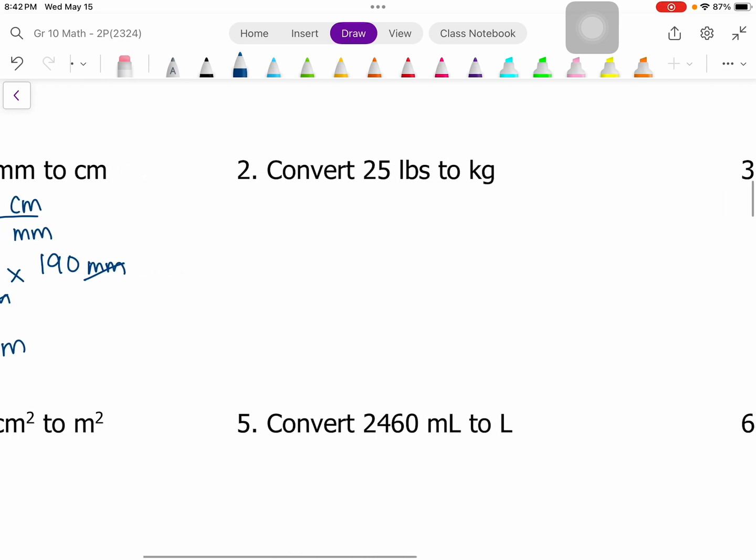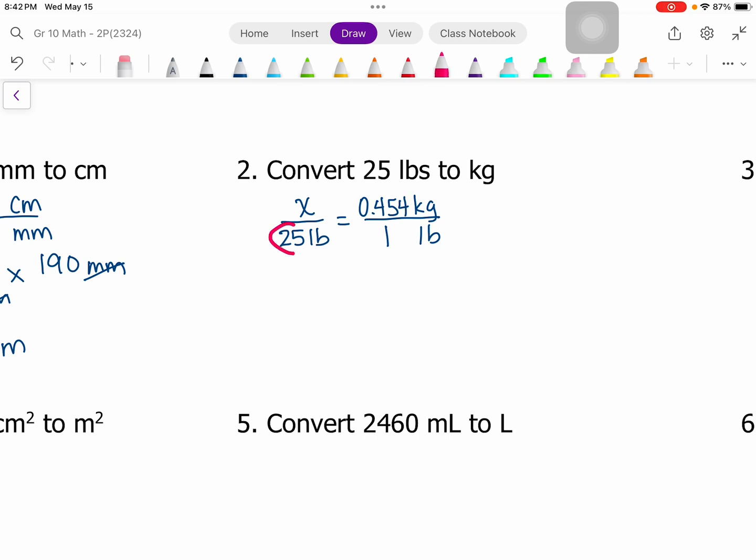Next, we'll convert 25 pounds to kilograms. I need to know how many kilograms are in how many pounds, and my conversion is that 1 pound is 0.454 kilograms.